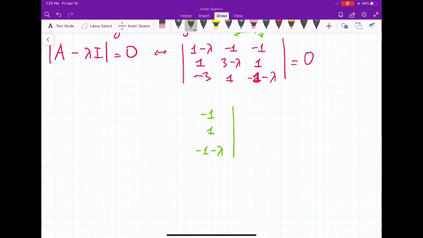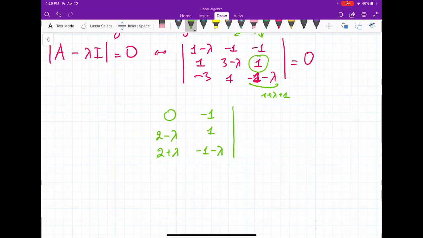I have the following one: -1, 1, -1 minus lambda. Okay, so here I have 0. 1 with -1 is -1 plus 3 minus lambda. That is 2 minus lambda. And here I have -1 with this, which would be 1 plus lambda, plus 1 is 2 plus lambda. Make sense?